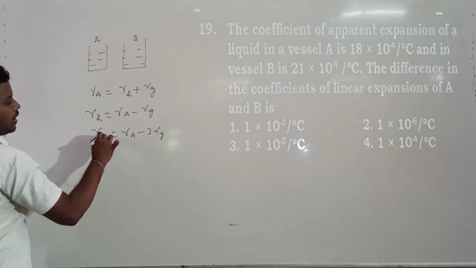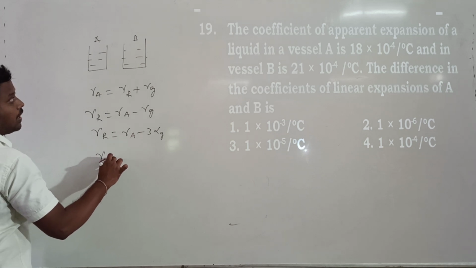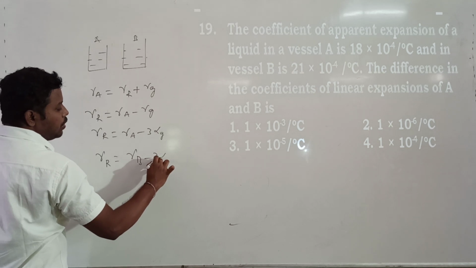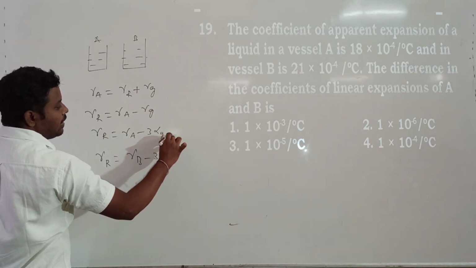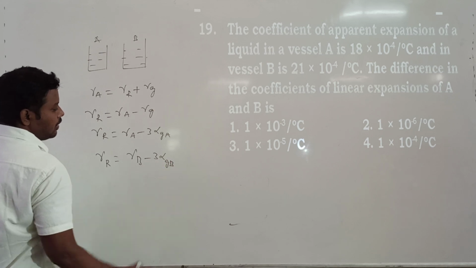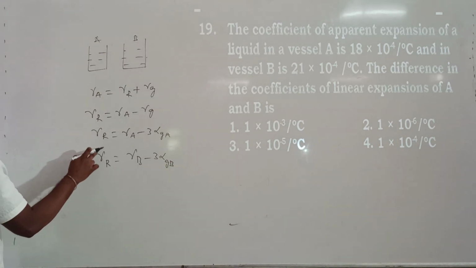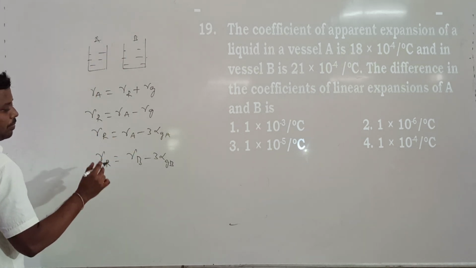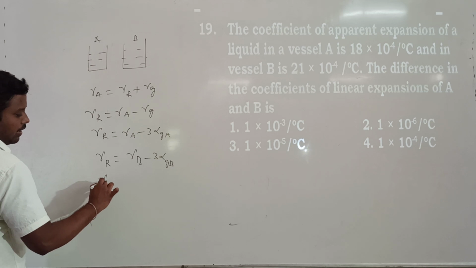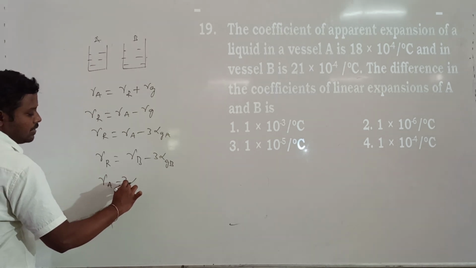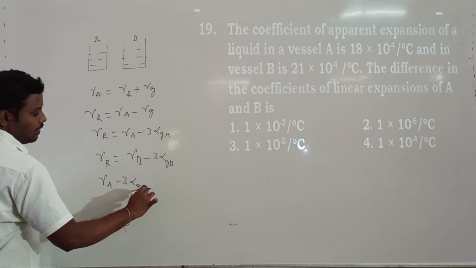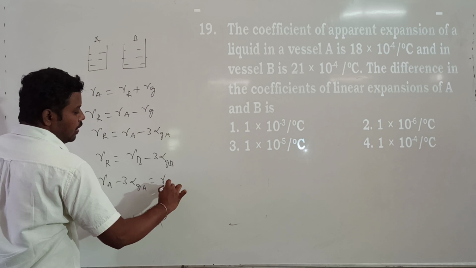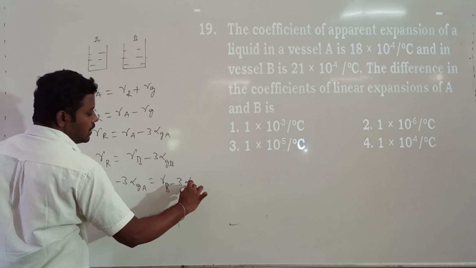Similarly, what is gamma R for the liquid in vessel B? That is gamma B plus 3 alpha G. Gamma R, the real expansion, does not depend upon the vessel. So gamma A plus 3 alpha G_A is equal to gamma B plus 3 alpha G_B.